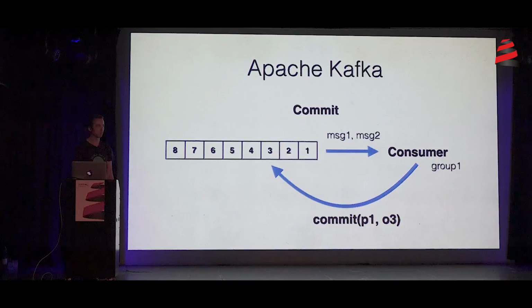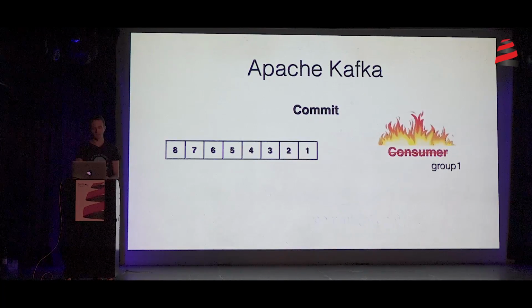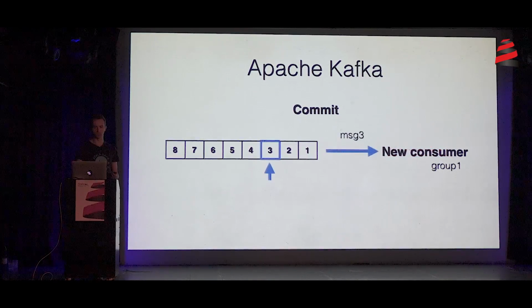An important thing in Kafka is that we don't commit each message individually. We can provide an offset number to say, okay, I have processed all messages up to a particular offset. In case our consumer goes down and a new one comes, it will start reading from the last committed offset.